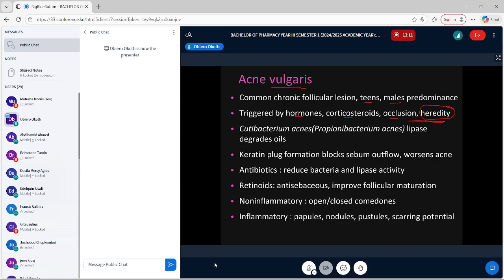The main culprit here is a bacterium called Cutibacterium acnes, which feeds on skin oil. The product is an irritant substrate that causes an inflammatory response. On top of that, there's keratin plug formation that blocks sebum outflow.